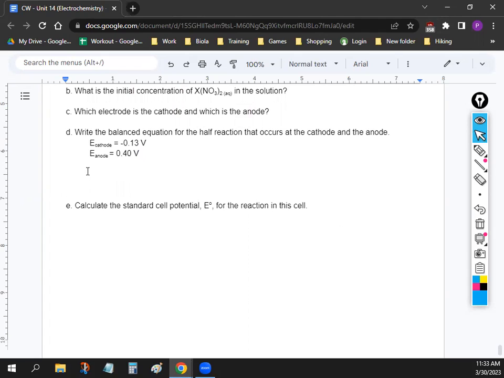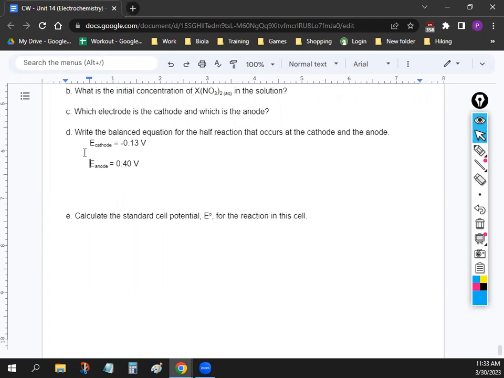And then it tells you the electrical potentials for the cathode and anode. I want you guys to put that on the side, depending on which half reaction happens at the cathode and which happens at the anode. Take about 2 minutes to write the half reactions.